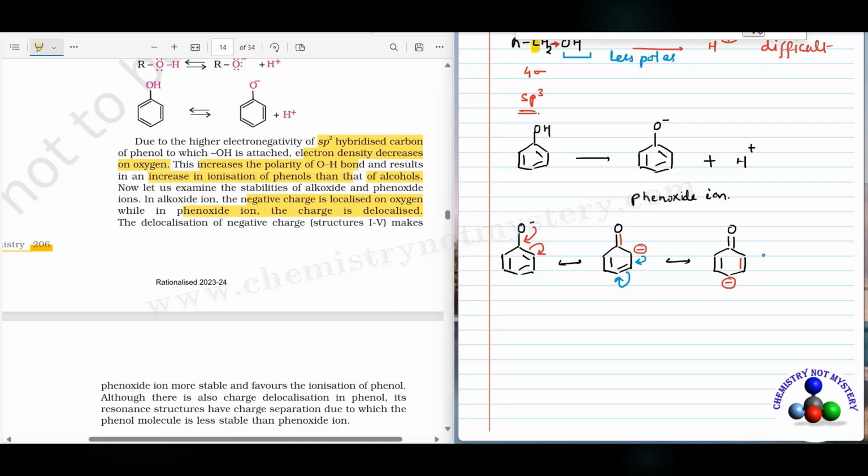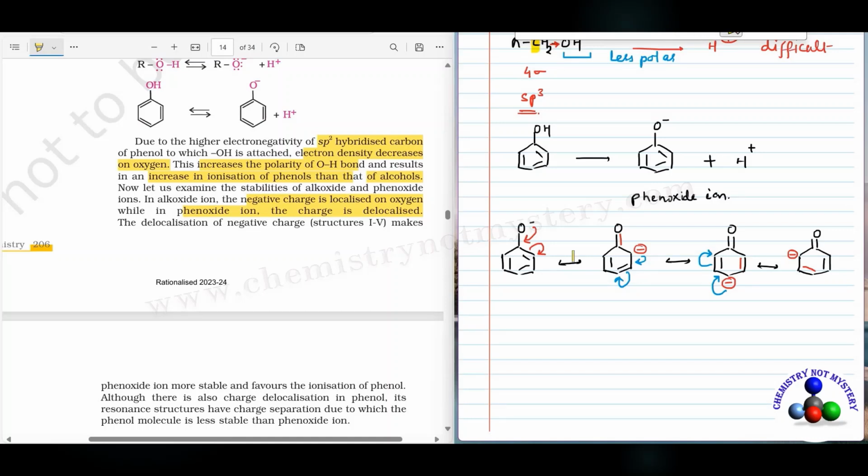Now in the next resonating structure, this negative charge moves between these two carbons and this pi bond moves to the next carbon in the form of a negative charge. So here let's draw the next resonating structure. In the next resonating structure, these two bonds will remain as they are, and a new bond will be formed here, and a negative charge will develop at the ortho position.